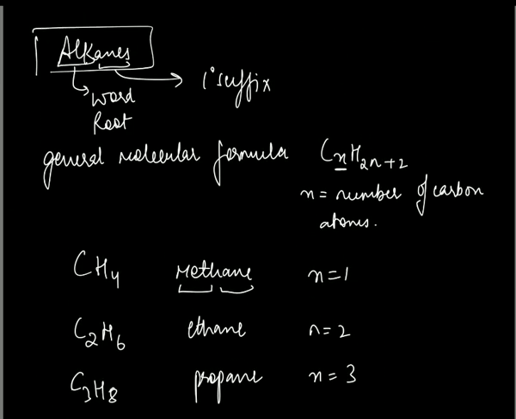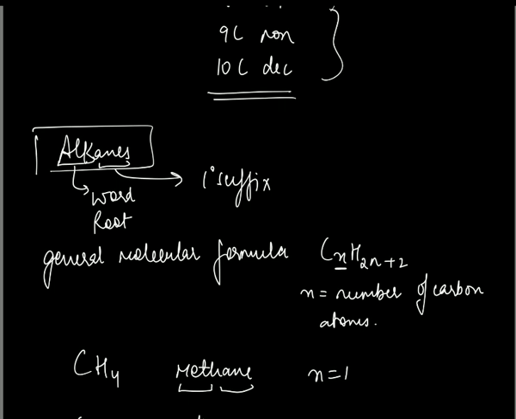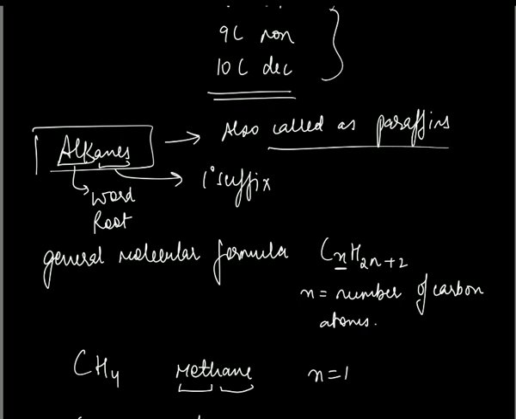And if we go back to the alkanes, we even call them paraffins. So I'll write it over here, also called paraffins. I was thinking whether paraffin has a double F or single F. Okay, so also called paraffin. Why do we call them paraffin? What is so special? Because they are chemically less reactive.